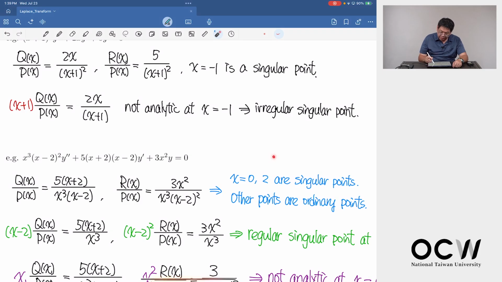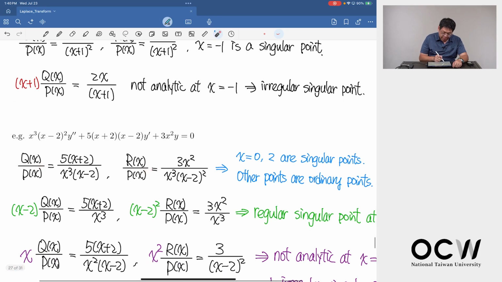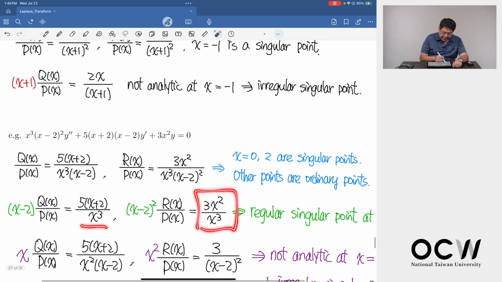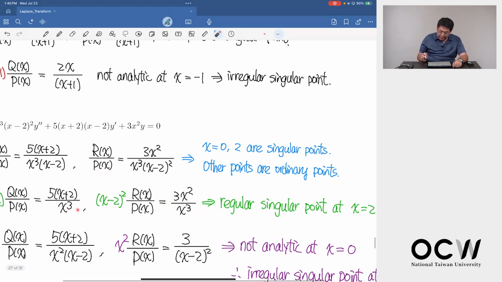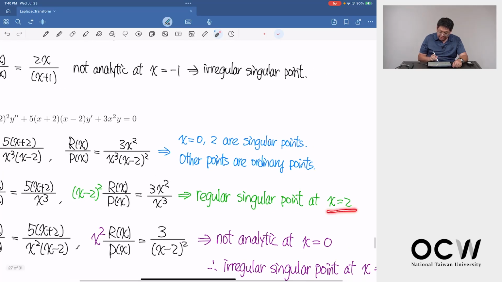If I want to check 2, I need to multiply by the factor x minus 2 and x minus 2 squared to each fraction, and we check. In this case, even though we have something in the denominator, we focus on 2. When x equals 2, you plug into this fraction, it is analytic, so x equals 2 is a regular singular point.